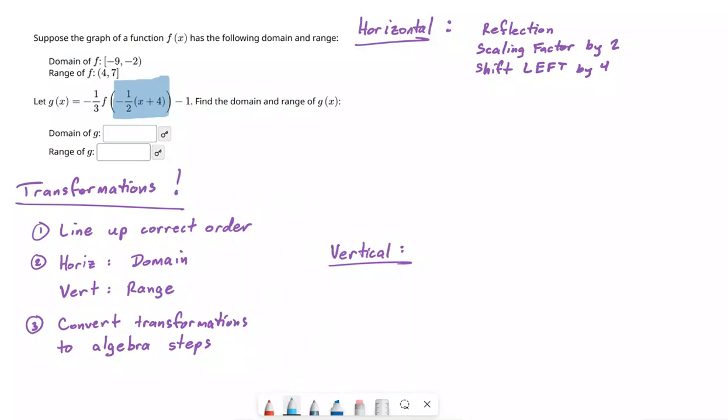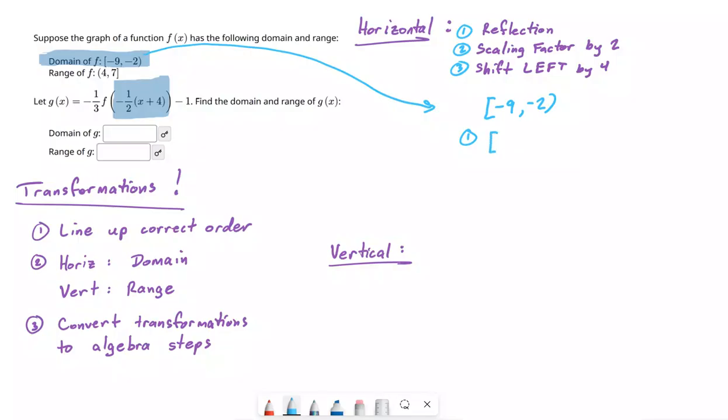I'm going to do something a little strange, which is I'm going to literally grab the domain and bring it over here and work on it. So step 1, step 2, and step 3 is how we're going here. First of all, let's just write the domain. It's -9 to -2. Step 1 has me turning that into negative numbers, or flipping the plus minus sign.